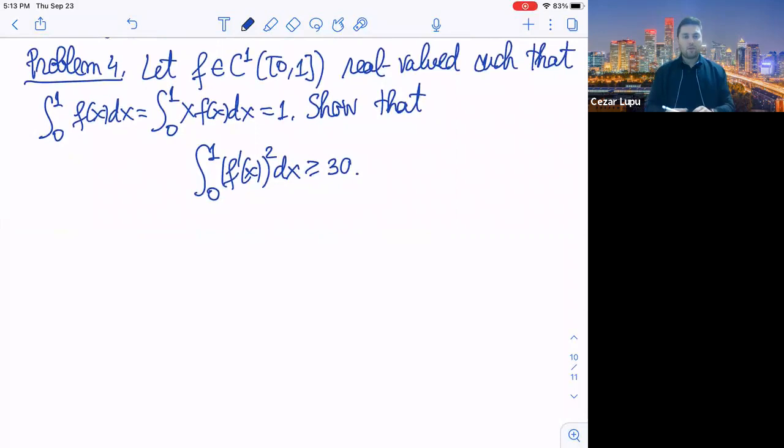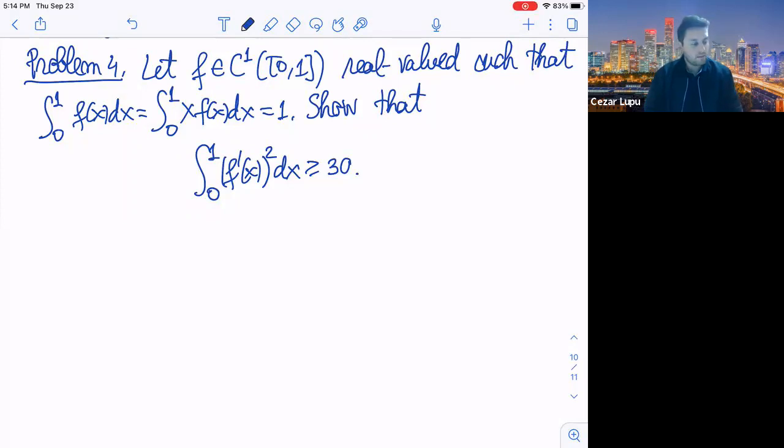Well, as you can see now, at this point, f is a C1 function, so it's a differentiable function, and its first derivative is a continuous function.